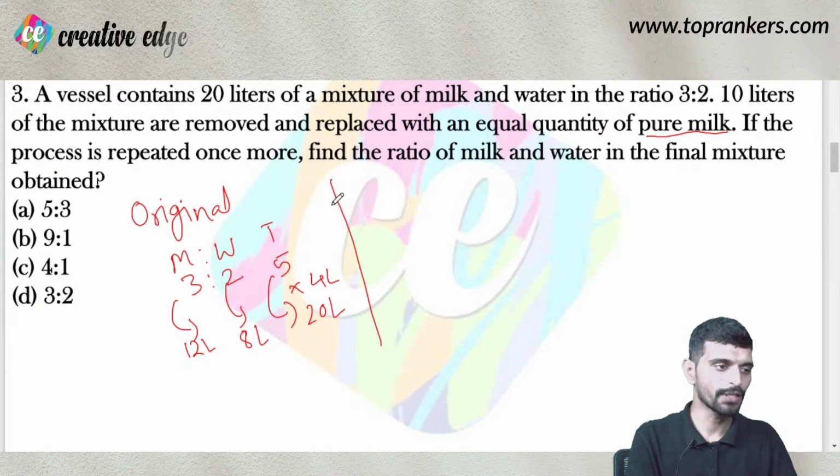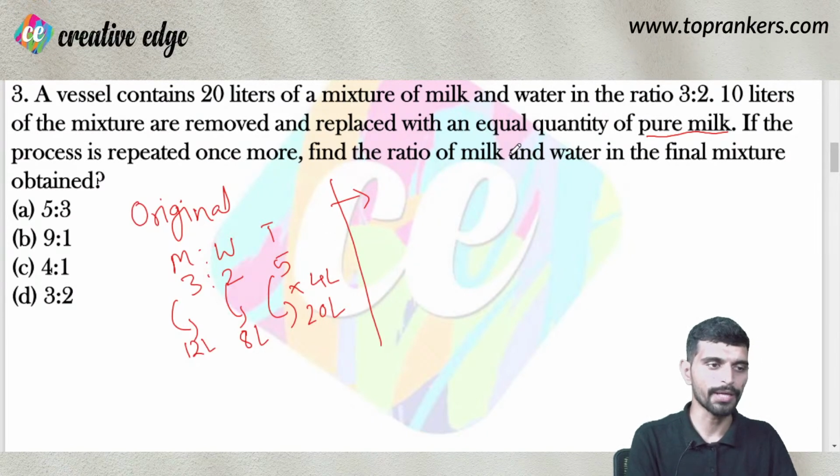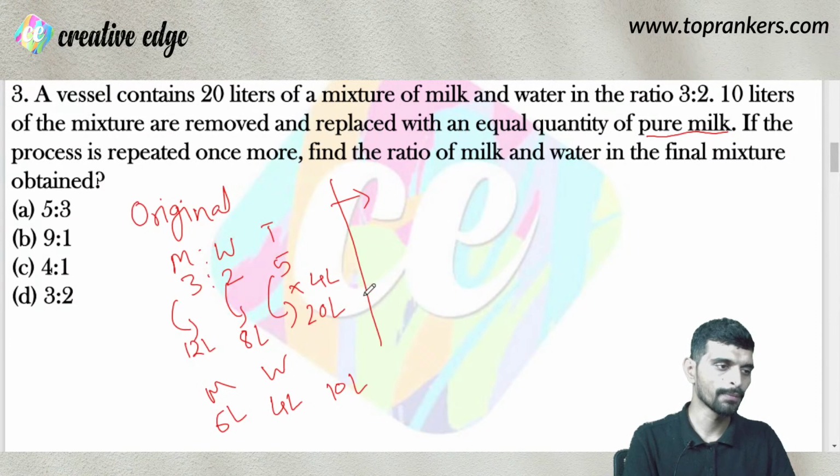Now the first iteration takes place, and in the first iteration, 10 liters of the mixture was removed and replaced by an equal quantity of pure milk. If I remove 10 liters, in those 10 liters the ratio remains the same, that is 6 liters of milk will be removed and 4 liters of water will be removed, right?